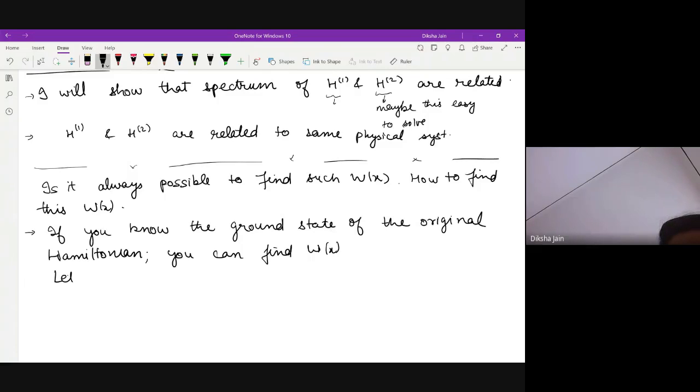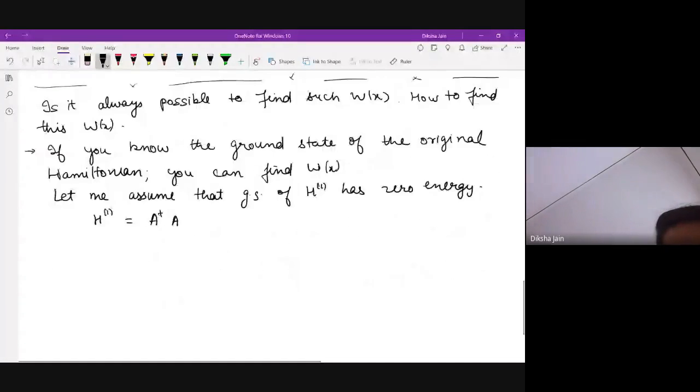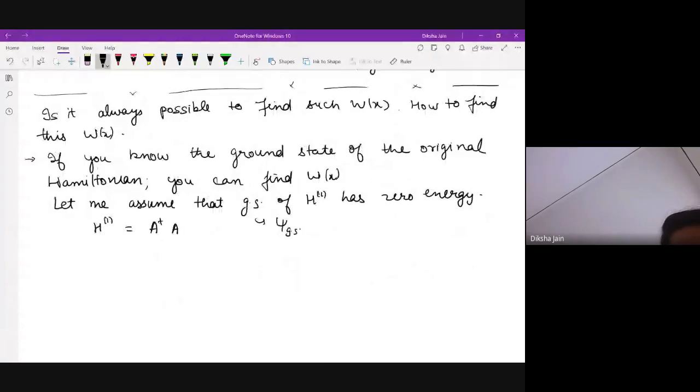Let me assume for a moment that the ground state of H1 has zero energy. H1 was A dagger A. So if the ground state, let me call it psi 1 ground state, has zero energy, this implies that A acting on psi 1 ground state is zero.